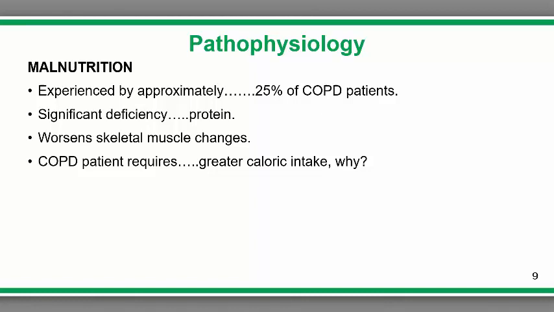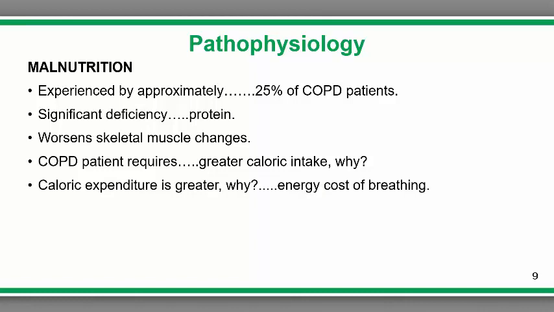And so as a result of these concerns, the COPD patient is considered to have a greater requirement for caloric intake. The greater caloric intake is necessary to offset the greater caloric expenditure that normally occurs in a person afflicted with COPD.